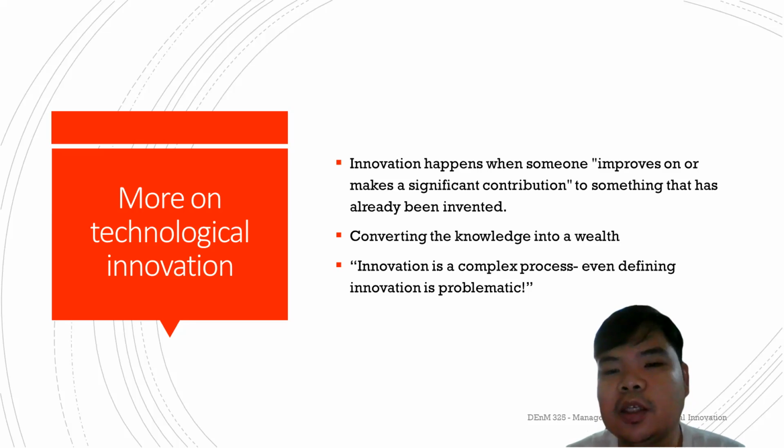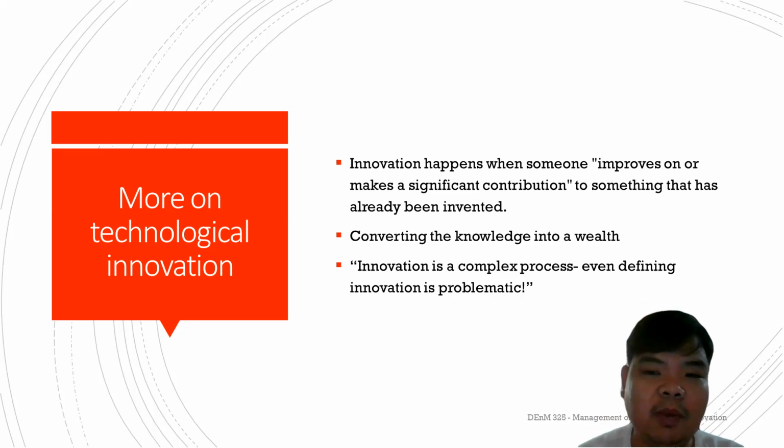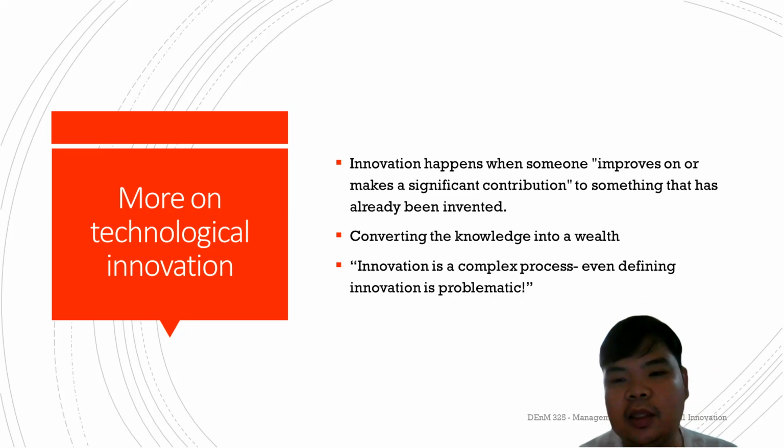And when you convert certain knowledge into wealth, it only means that when you have created a certain product or innovation coming from knowledge, and it generates an income, we also call that a technological innovation.